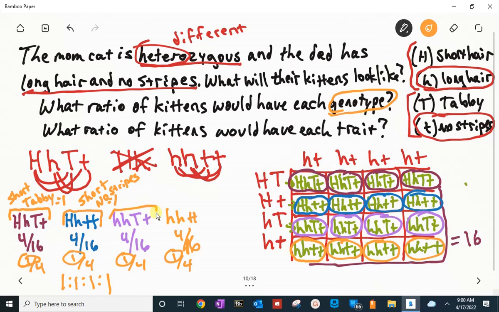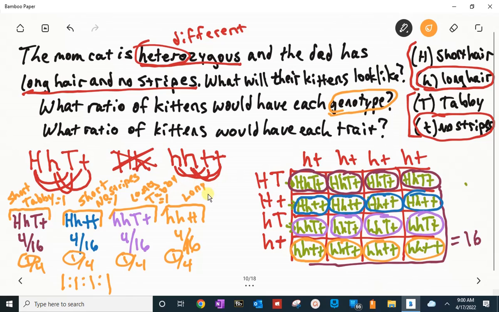And then the next genotype is homozygous for long hair and heterozygous for tabby. So the phenotype would be long hair and tabby, and that would be just one. And then this last one is homozygous for long hair and homozygous for no stripes.